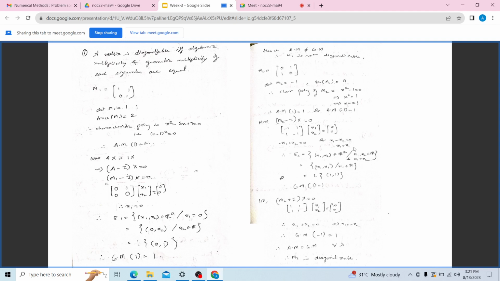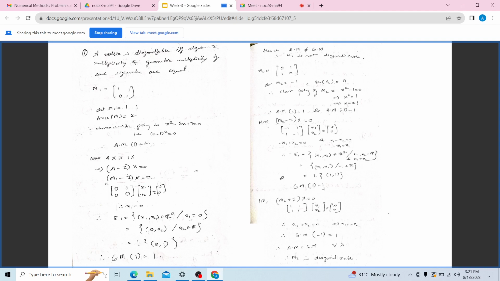Since x1 equals x2, in place of x2 we can put simply x1. So you'll get x1, x1 such that x1 belongs to R. So you will get only one linearly independent vector, that is 1, 1. So the geometric multiplicity of eigenvalue 1 is 1.